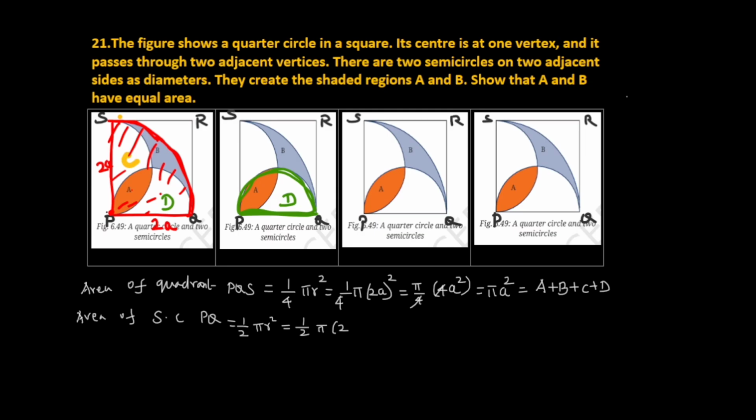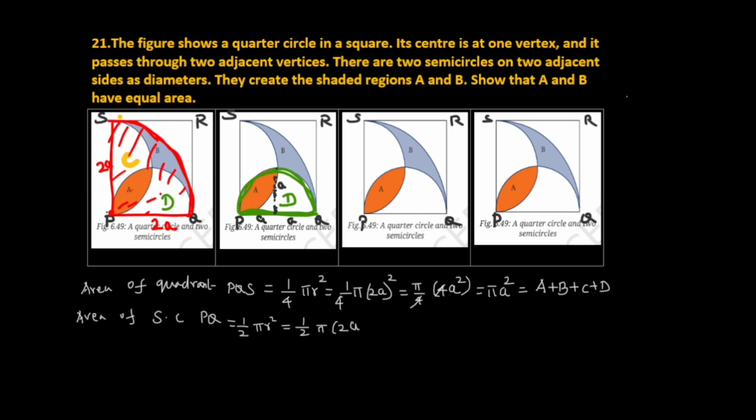What is the r here? The side length is 2a, so this is the diameter of this semicircle. Here this is 1a, this is 1a, so the radius is a. Based on side PQ, the radius is a, it is not 2a.